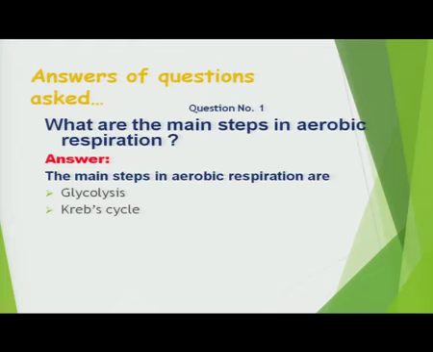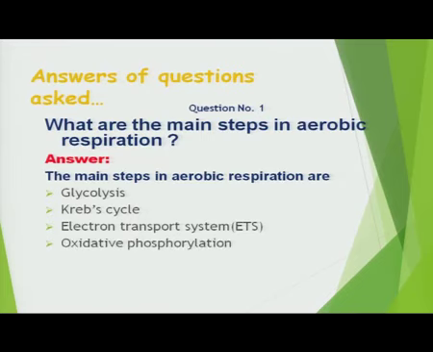In the presence of oxygen, that pyruvic acid enters the Krebs cycle. So, the second step is the Krebs cycle. The third step is the electron transport system, also called the electron transport chain, and the fourth is oxidative phosphorylation. So, this is the answer to my first question.